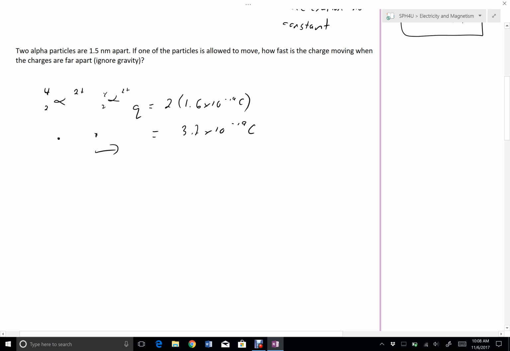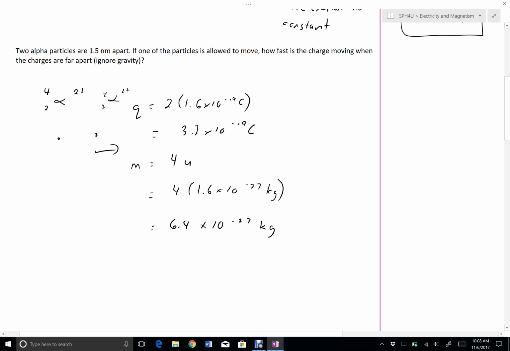And then this guy's going to fly away. And the mass of the alpha particle is 4 times the relative atomic mass, or 4 times 1.6 times 10 to the negative 27 kilograms. So I get 6.4 times 10 to the negative 27 kilograms.